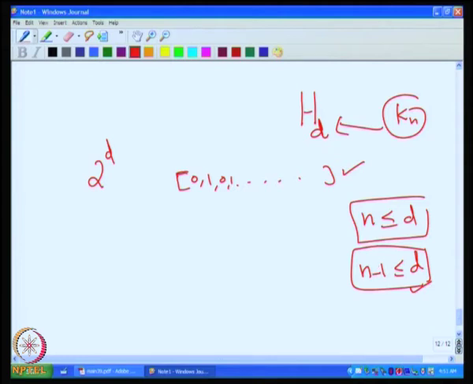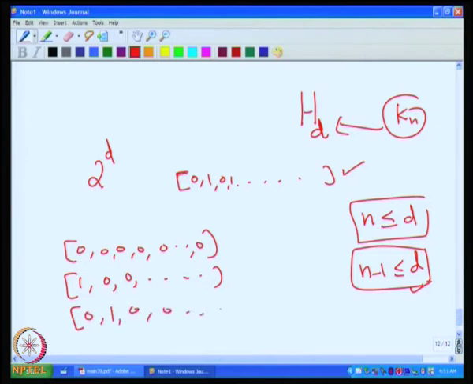Now, let us also see a topological minor here. Take these vectors. For instance, one is 0 0 0 0, and the other is 1 0 0 0, the second is 0 1 0 0 0, and finally the d plus 1th vector, where corresponding to each bit position we just keep a 1 and all others are zeros.